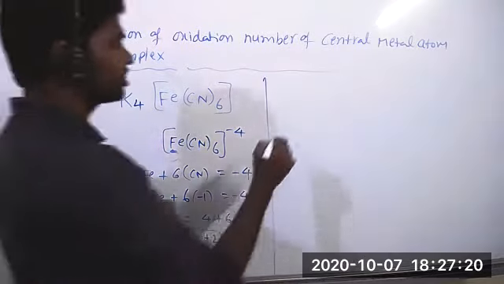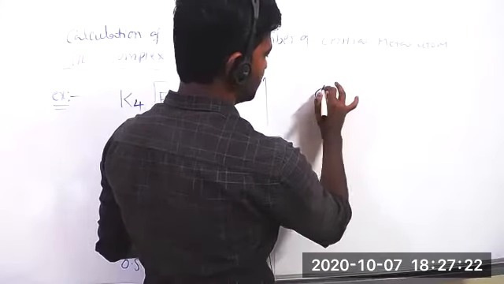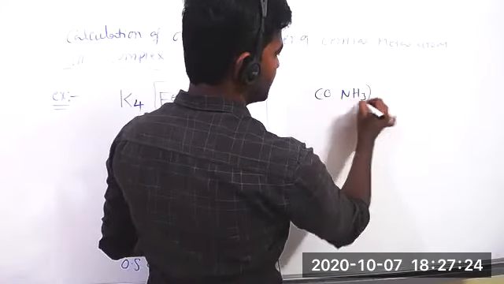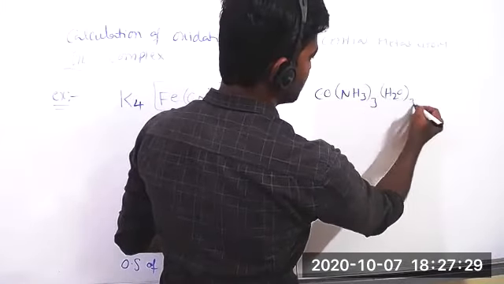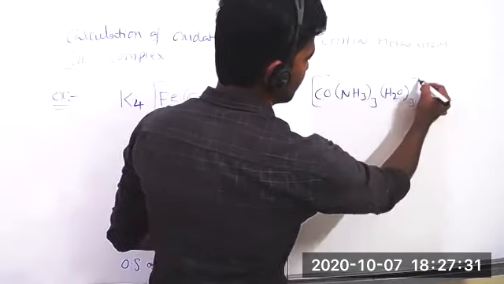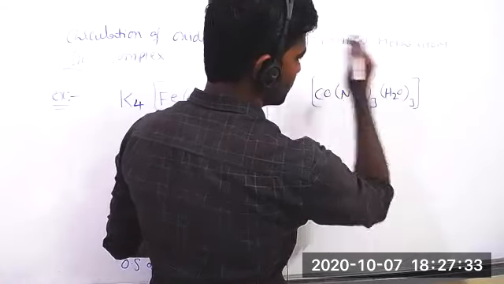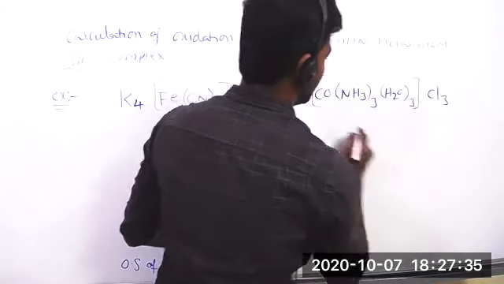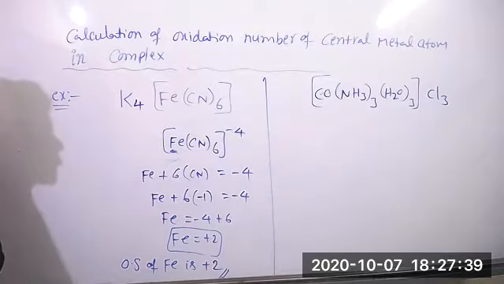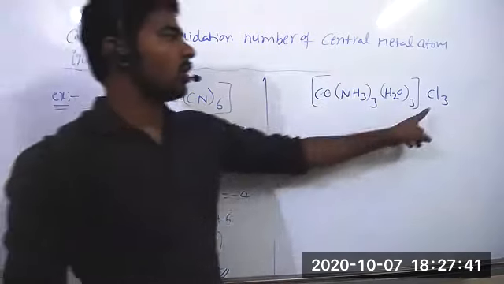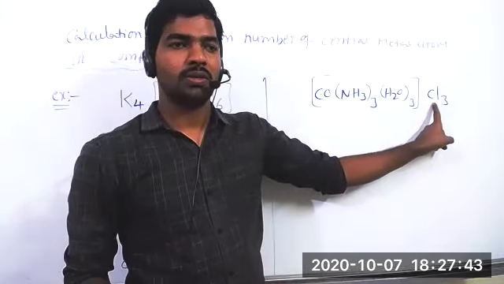See, next complex: cobalt, NH3 thrice, H2O thrice, Cl3. What is the oxidation state of cobalt? How much charge does chlorine generally carry?